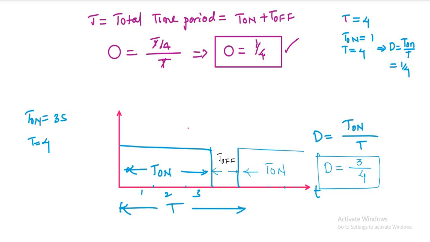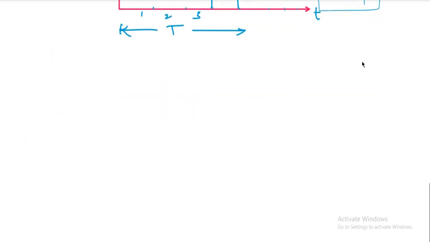Earlier we had the duty ratio D equal to 1 by 4 for T on of 1 second, and now the duty ratio is changed to 3 by 4. So this is how we change the value of duty ratio. Here D1 was 1 by 4, whereas D2 was 3 by 4.